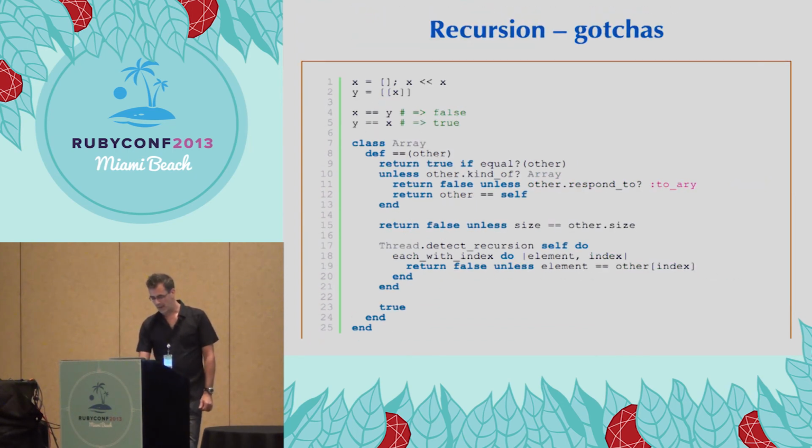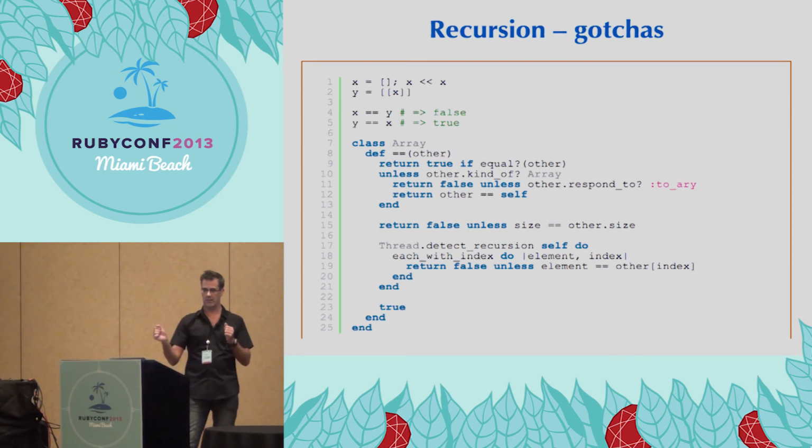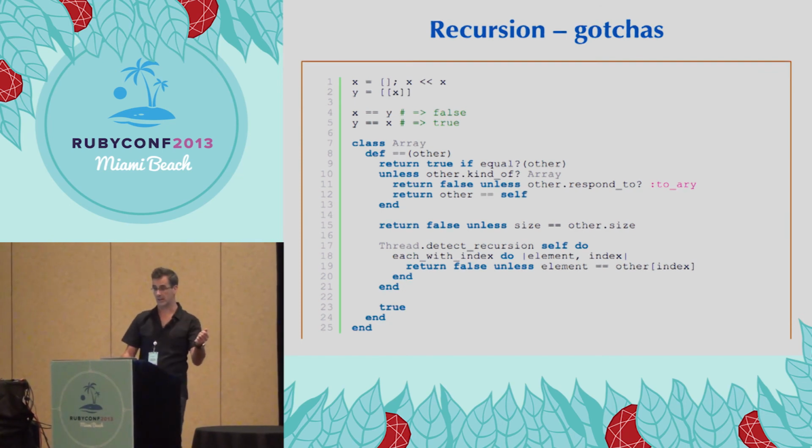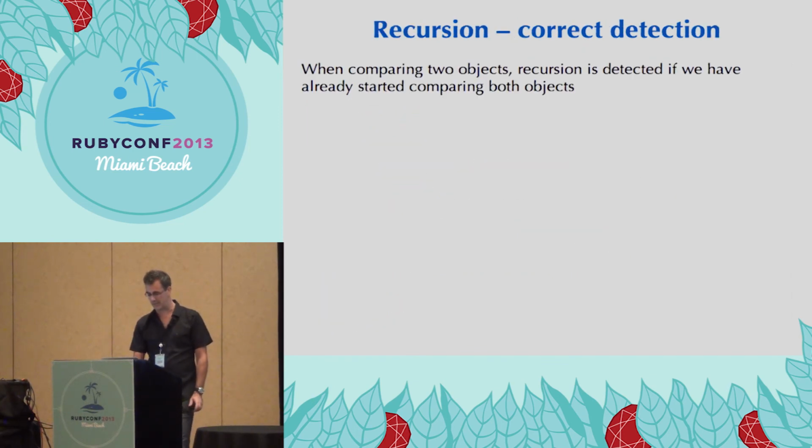So this doesn't actually work for comparing because you might detect recursion at the wrong time. In one case, we're detecting it early, so we stop. And in the other case, we don't detect it at the same time.